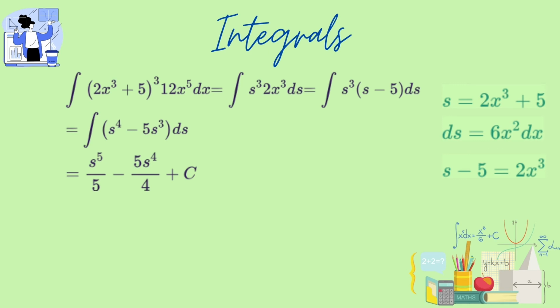Replacing s with the original expression, the final answer is quantity 2x cubed plus 5 raised to 5 all over 5 minus 5 times the quantity 2x cubed plus 5 raised to 4 all over 4 plus c.